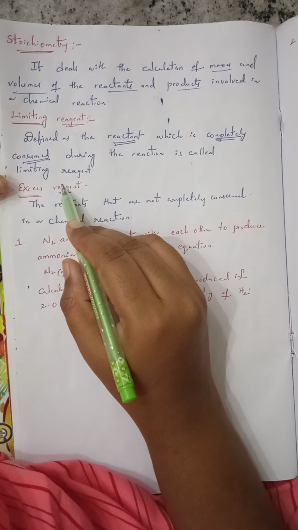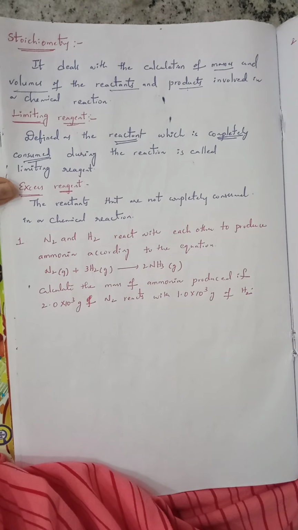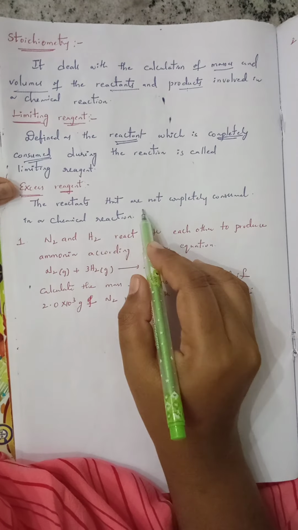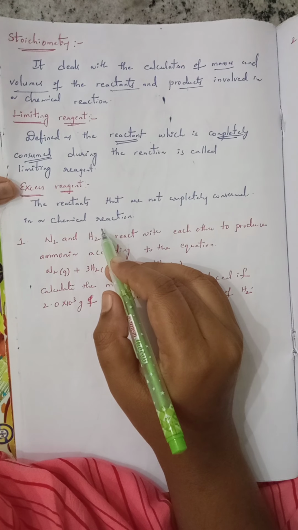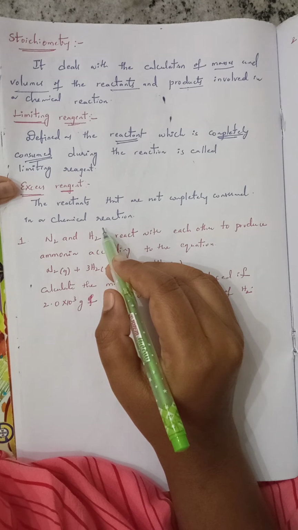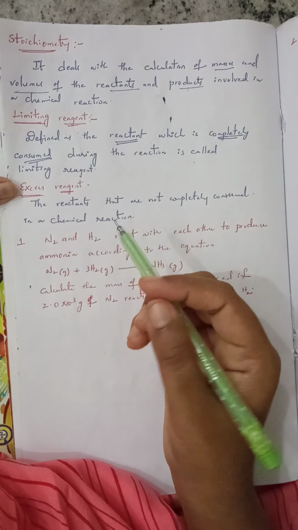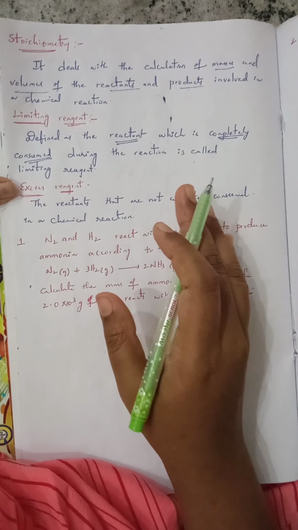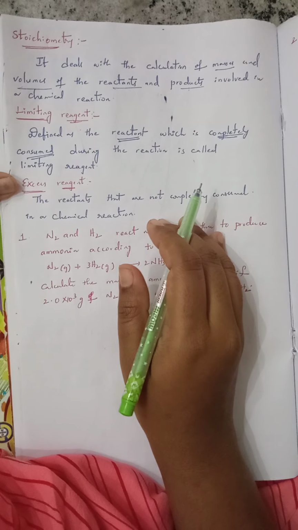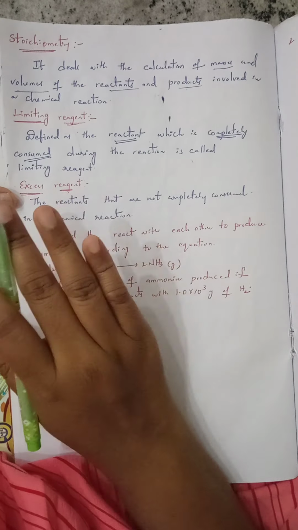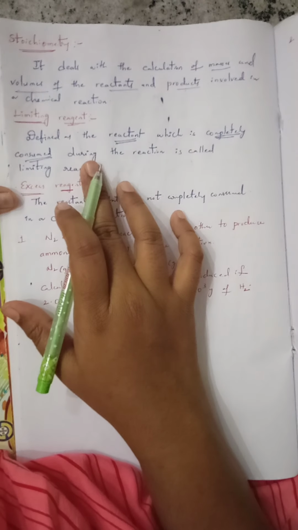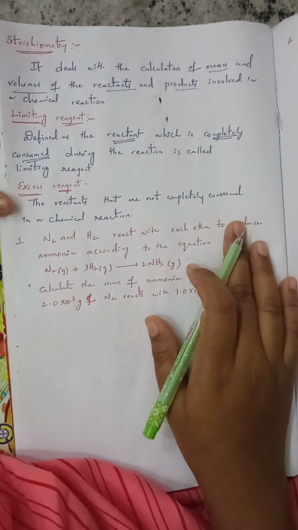Next, what is an excess reagent? The reactant that is not completely consumed in the reaction is called the excess reagent. That means a little amount of reactant is left even after completion of the reaction. Excess reagent is not completely consumed; limiting reagent is completely consumed.